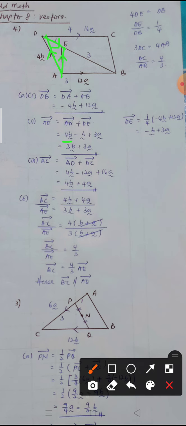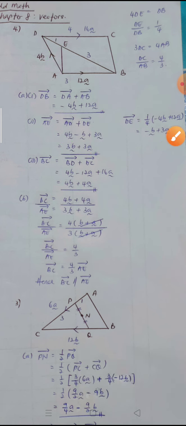Just now we found vector DB, the whole length here, is negative 4B plus 12A. So DE is 1 over 4 of DB. Hence we get negative B plus 3A. So we substitute here and we simplify it. We get vector AE is 3B plus 3A.